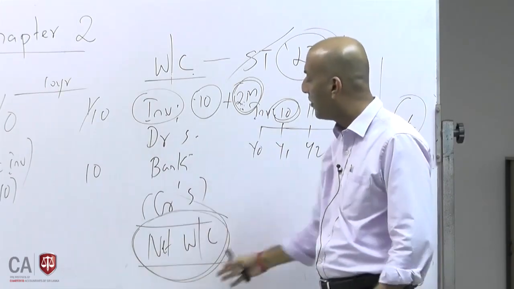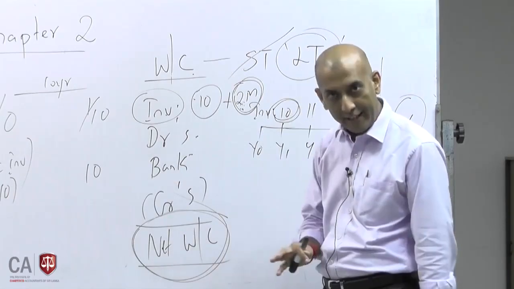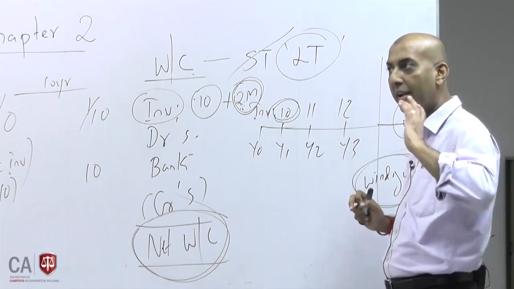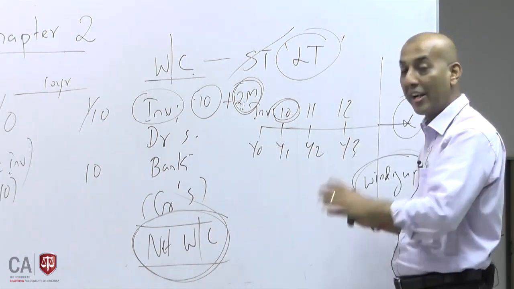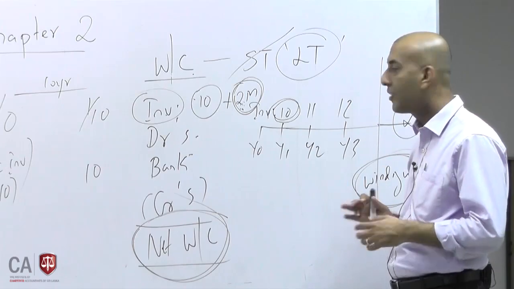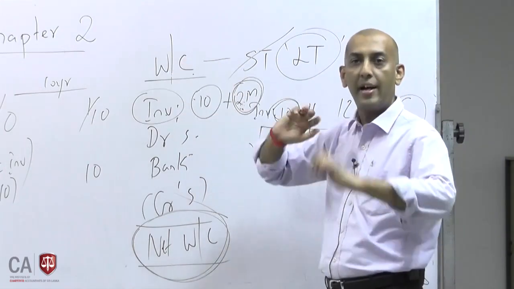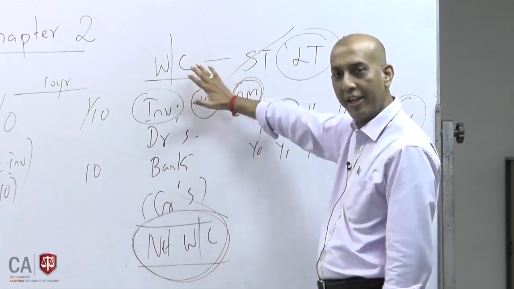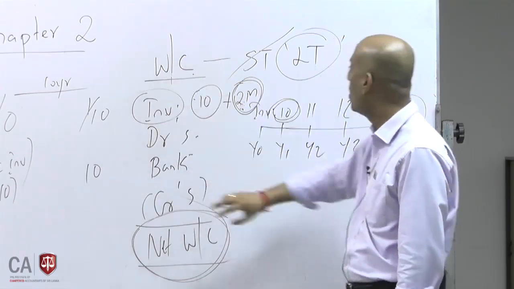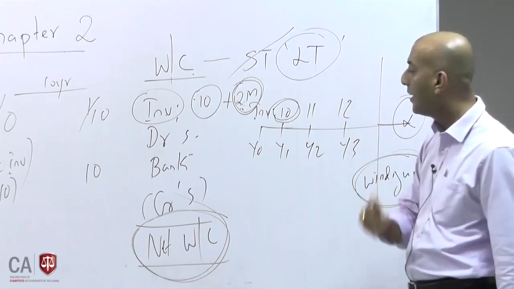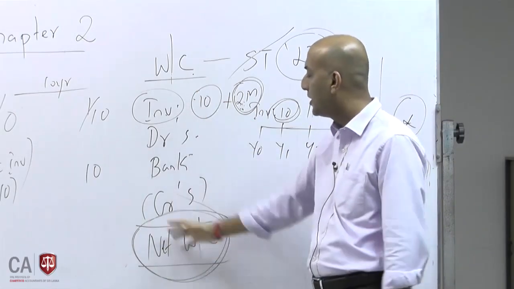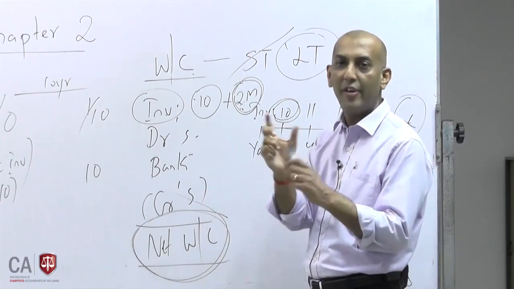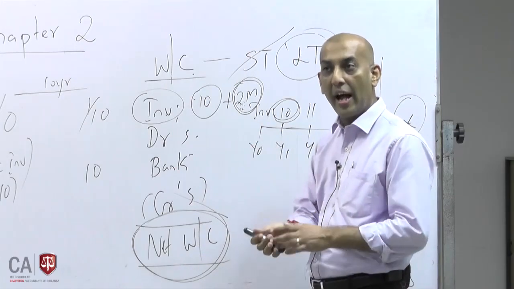Otherwise, most of your net working capital is of a permanent or long term nature. So please be aware, this is the difference from your accounting mindset. The accounting mindset says working capital means current assets and current liabilities, which are short term, which is wrong. In financial management, working capital is long term in nature, other than what you invest for a very short period and then don't need.